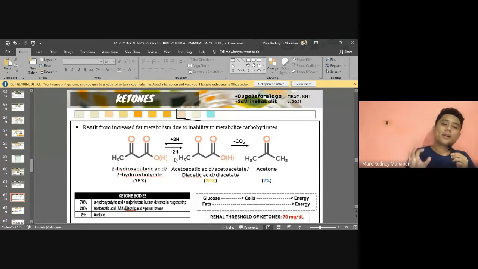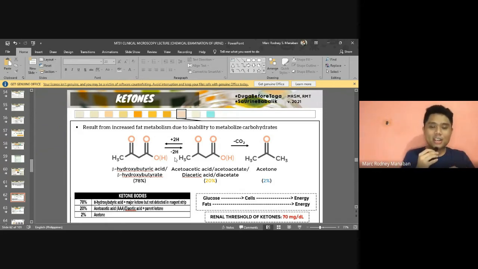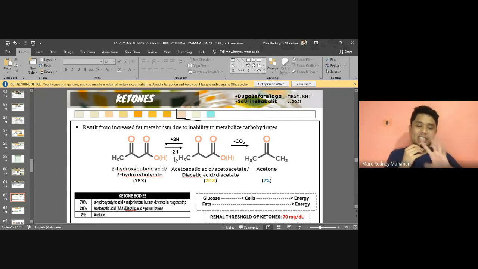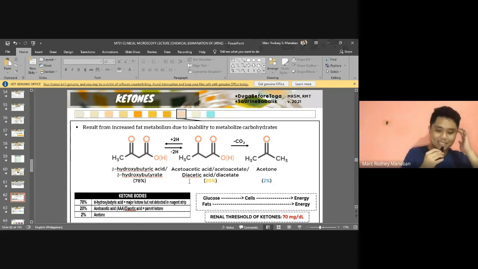The major one is beta hydroxybutyric acid, at about 78%. The parent ketone is acetoacetic acid, and from acetoacetic acid, as you can see, the acetone and beta-hydroxybutyric acid are produced. So the parent ketone is acetoacetic acid.